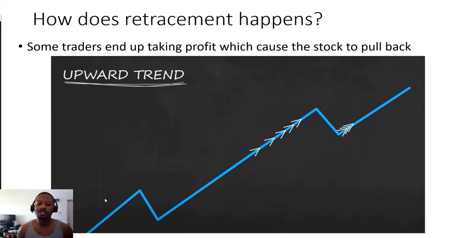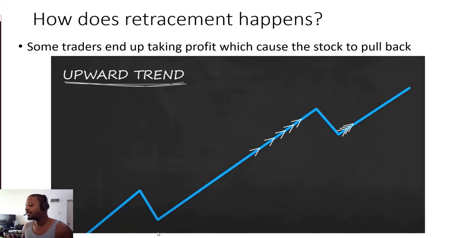Now, some of those traders who are either already in the stock or just got into it and are scalping, notice that movement in the price, and the original traders who've been in there before begin to take that profit. And that's where you see that little dip come in, okay?